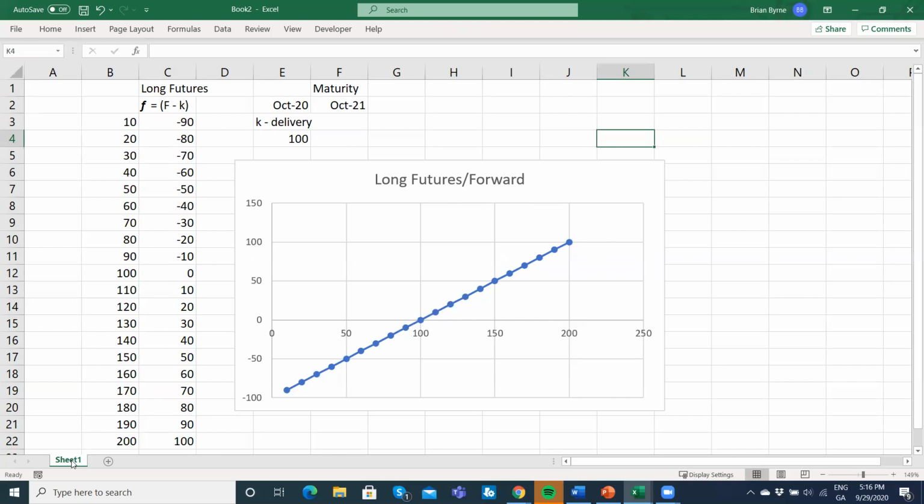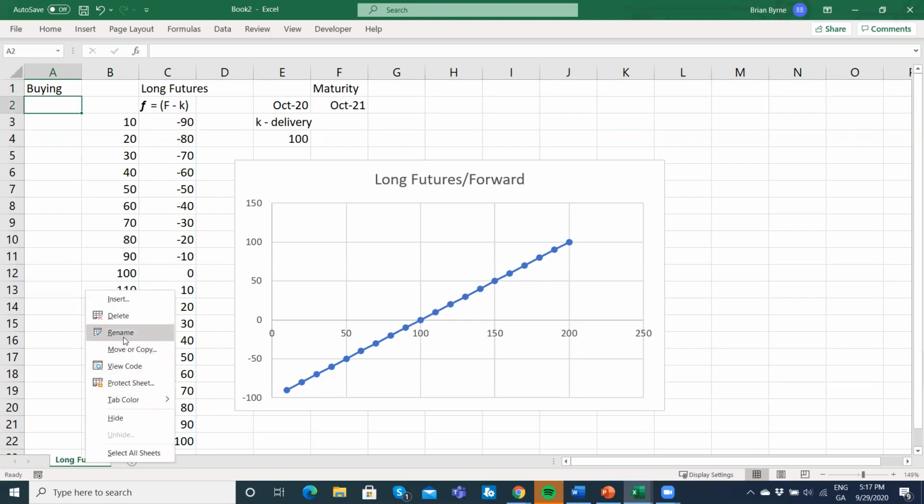Now, if we consider this to be a long futures or a long forward contract, then for the party who has the buying position, there must be a party with a short position. Remember, long means to buy, and if somebody is buying, that obviously means somebody's selling.